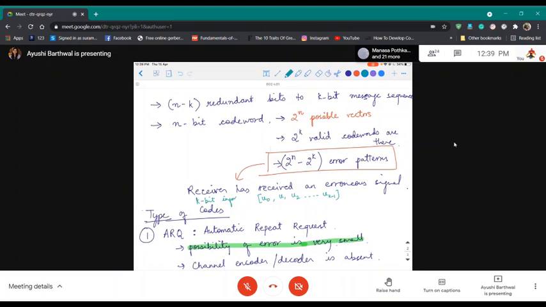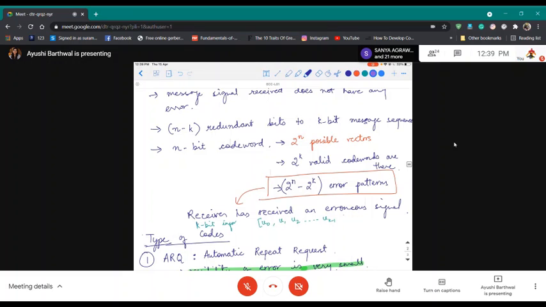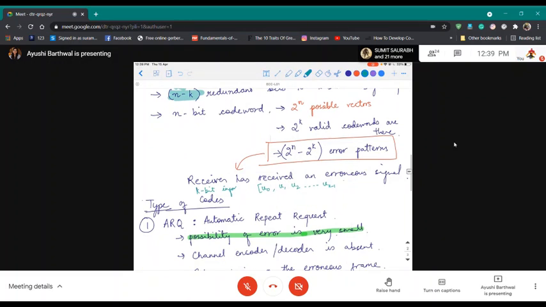Now when you are making a final code word after channel encoding, you are adding certain redundant bits after this message signal. How many redundant bits are you adding? You are adding n minus k bits.